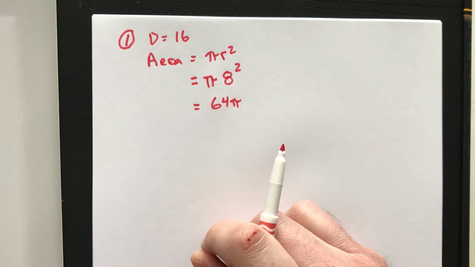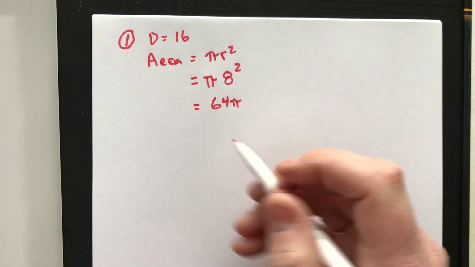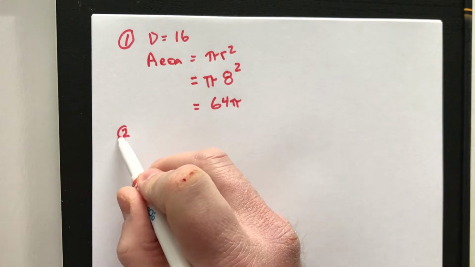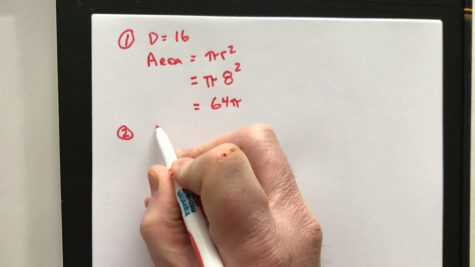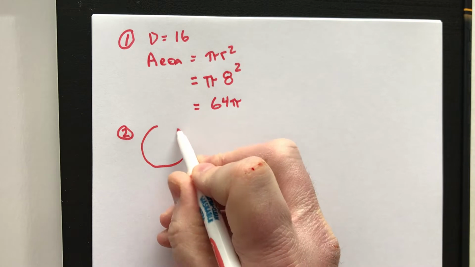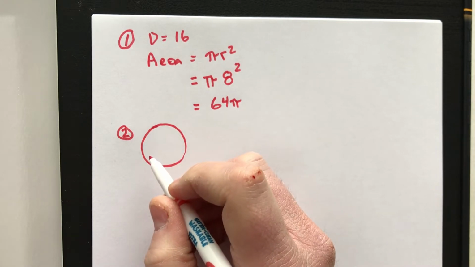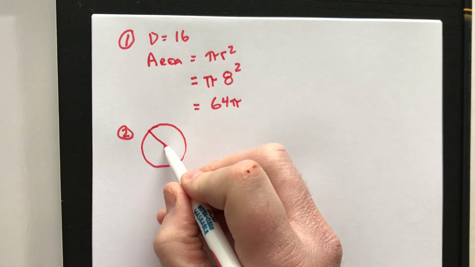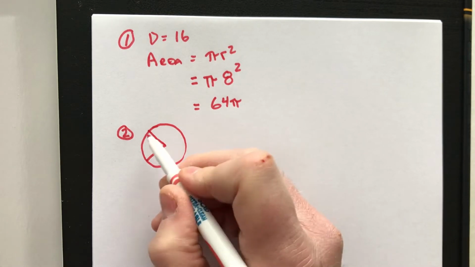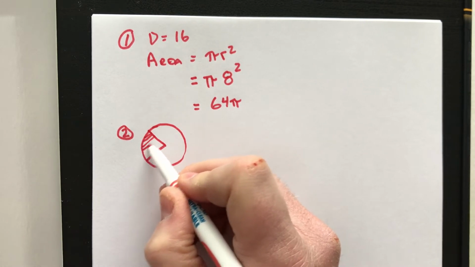So let's move on to a couple of the trickier ones. Number 2, they give us a circle and ask us to find the area of the shaded region. The shaded region is all in here.